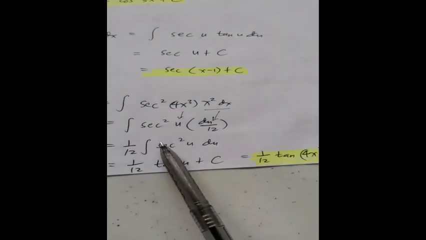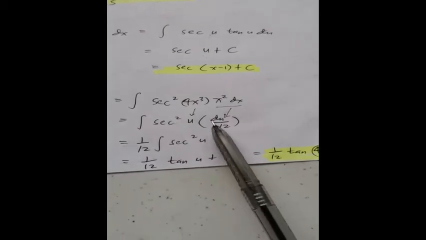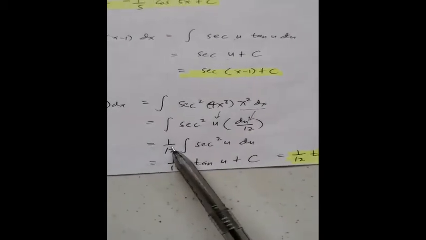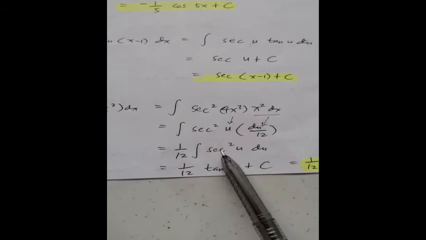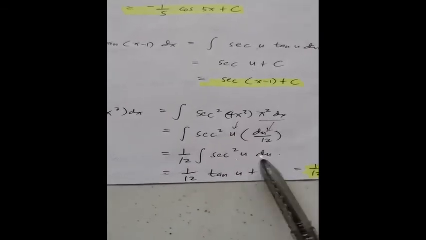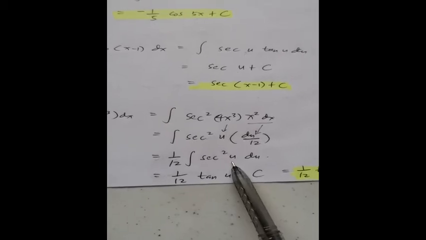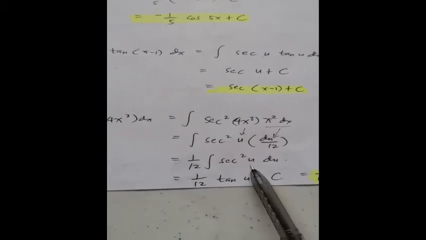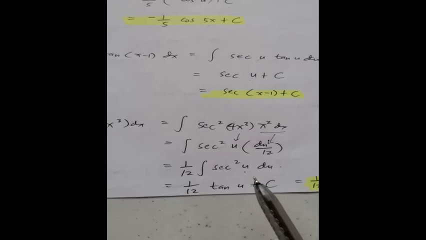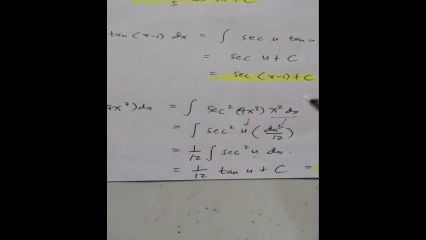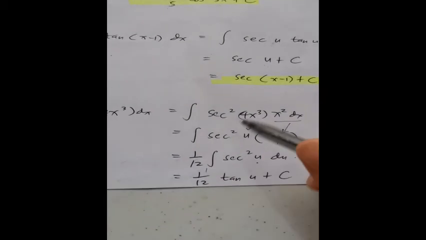So, secant squared, since may constant tayo dito na 1 over 12, ilabas natin si 1 over 12. So, we left with secant squared u du. So, eto, nandun to sa formula: secant squared x, and ang integral niya is tangent x plus the constant c. Okay, so ang integral, si 1 over 12, bring down lang.